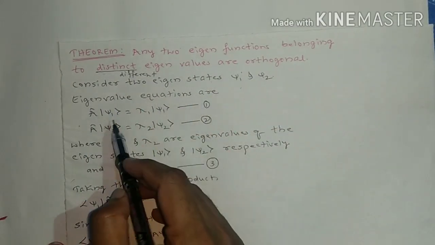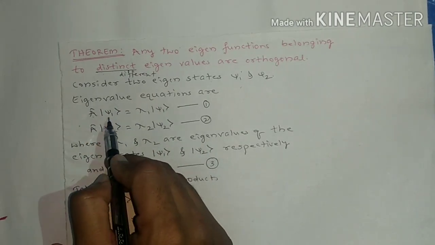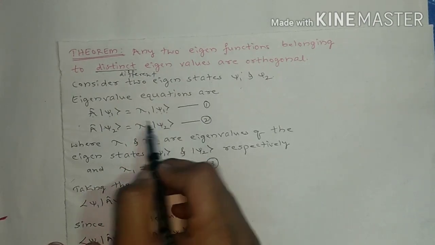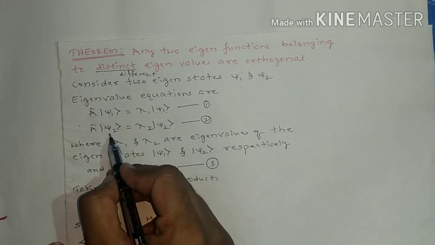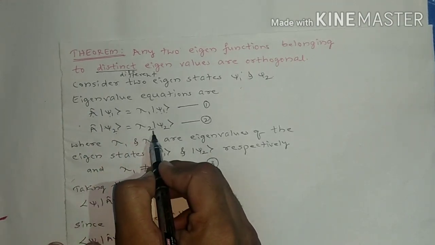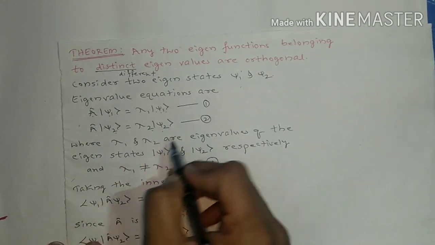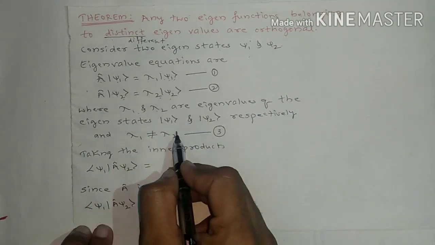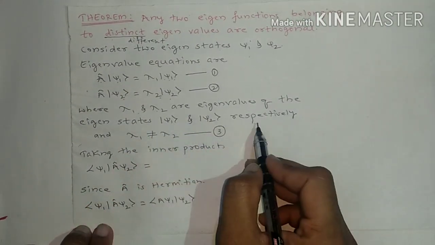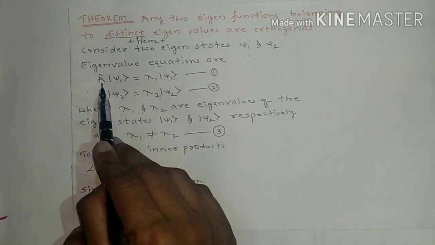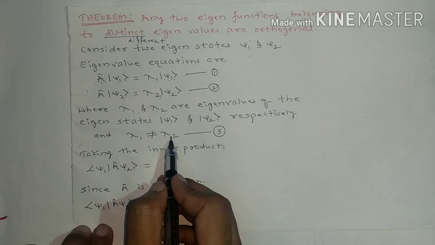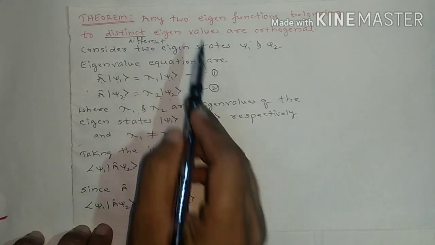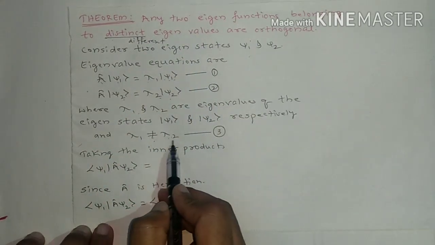The eigenvalue equations will be: operator A operating on ket psi 1 gives lambda 1 ket psi 1, and operator A operating on ket psi 2 gives lambda 2 ket psi 2, where lambda 1 and lambda 2 are eigenvalues of the eigenstates psi 1 and psi 2 respectively, corresponding to the operator A. And lambda 1 is not equal to lambda 2, because we are talking about distinct eigenvalues.